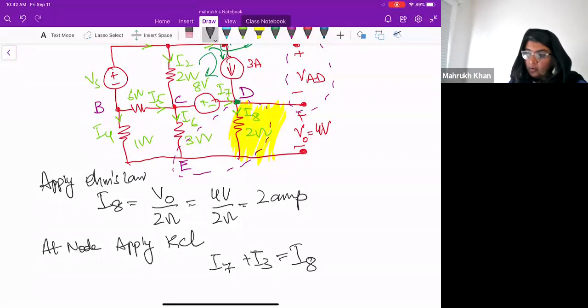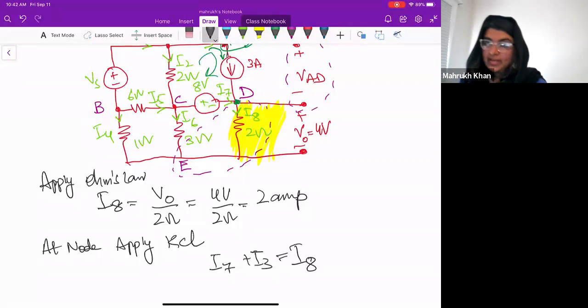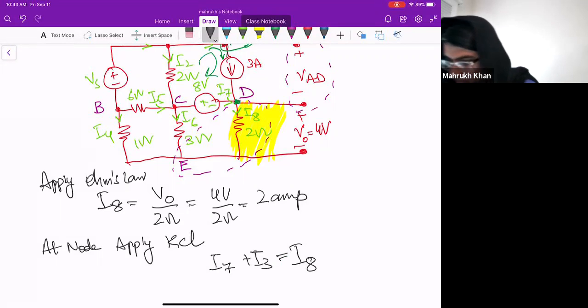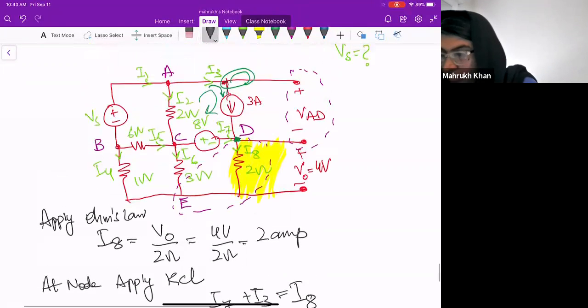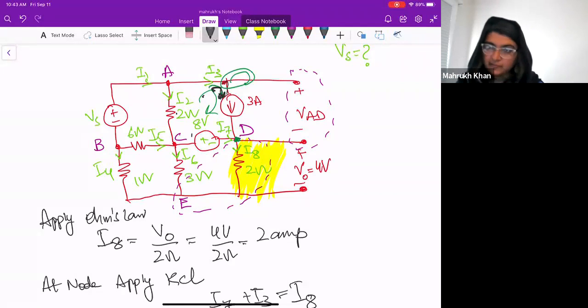So I3 is 3 amps that's flowing in it, and we can find out I7 from there. You can say that your current is dividing here and it's different here, it's fine. But for I3 that is flowing here, it's 3 amps that is flowing through it.